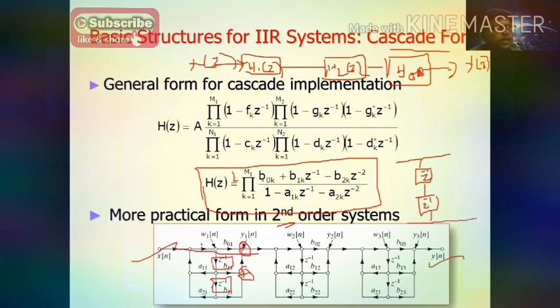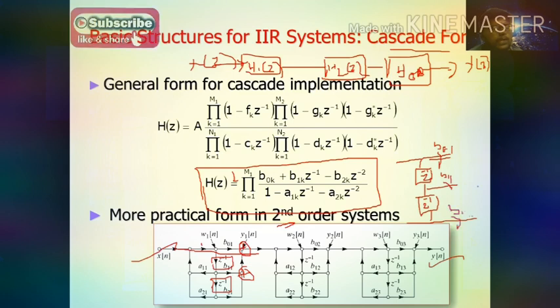For the numerator portion, here it represents b01, b11, b12. So I put here first b01. Okay, second is b11, and third portion is b12.